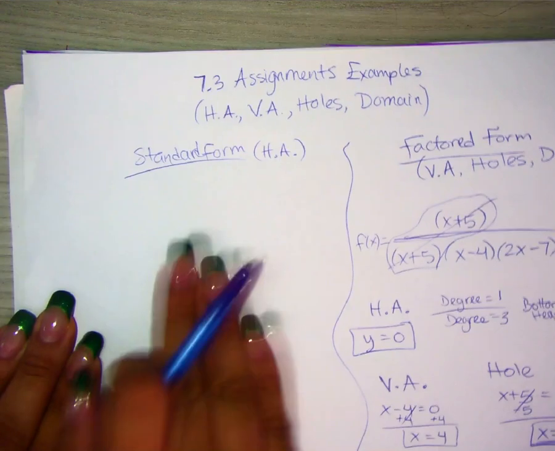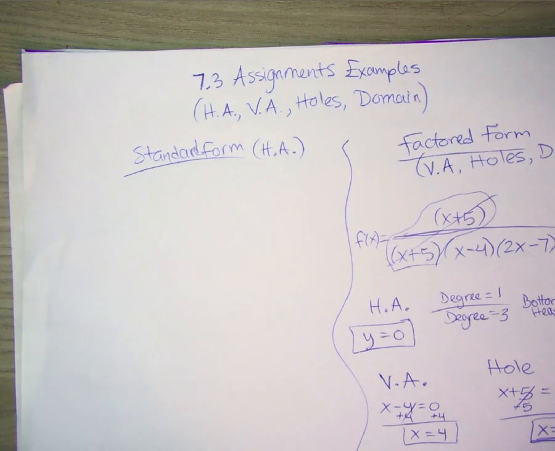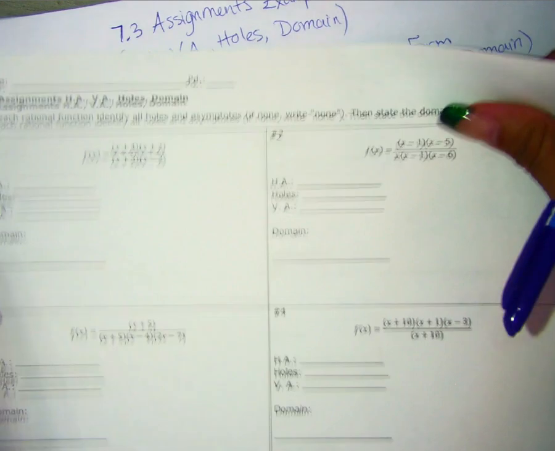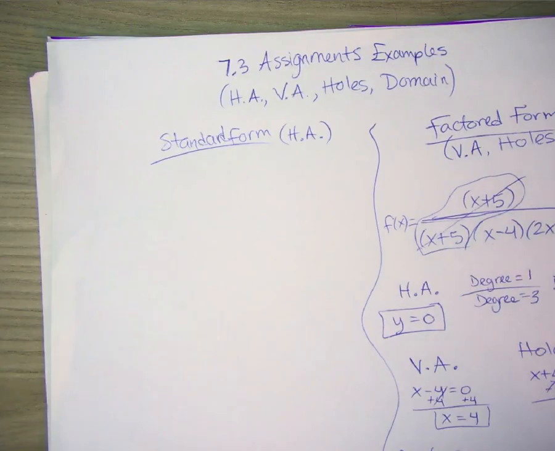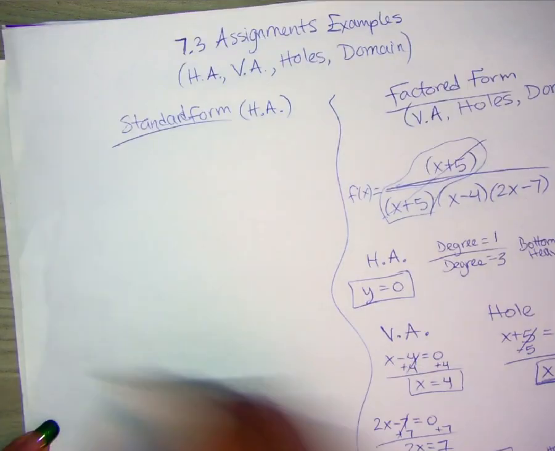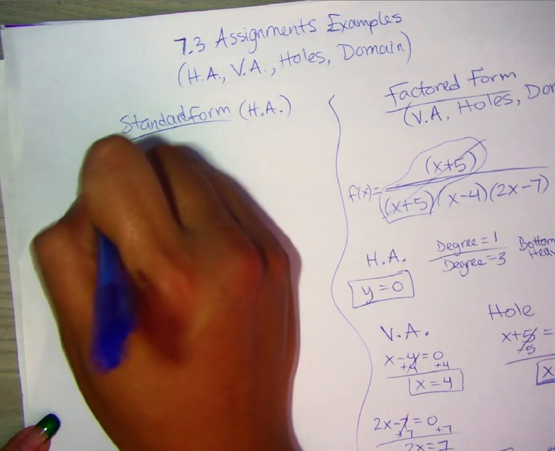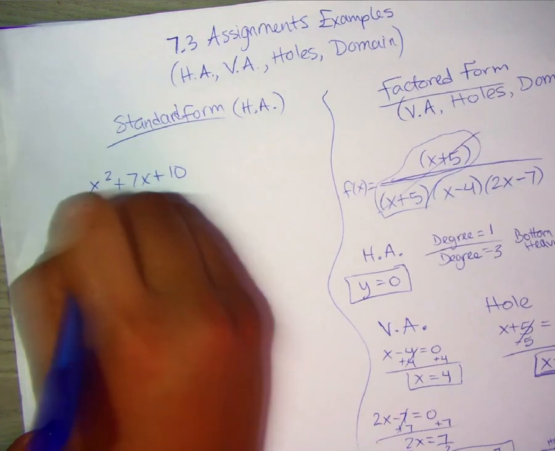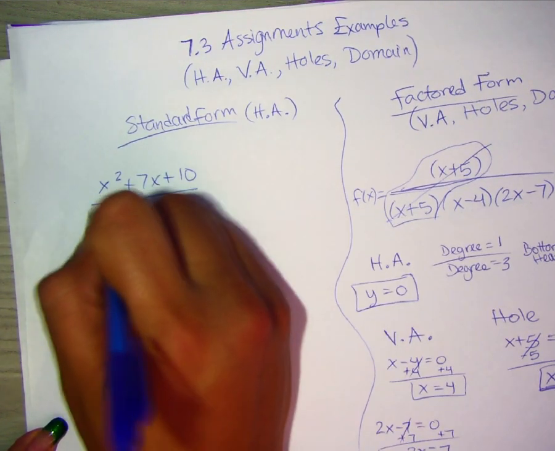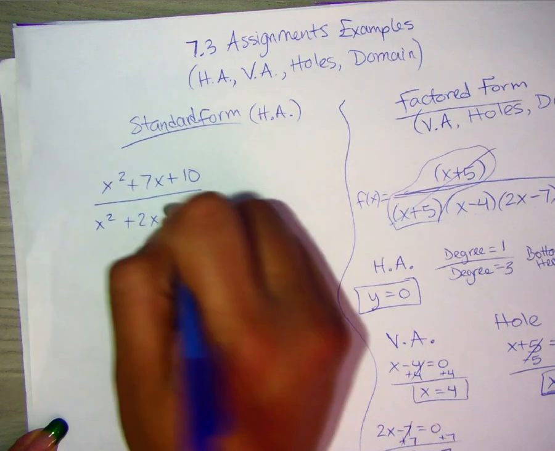All right, so similar to all this, we're going to go ahead and do the standard form example. So this is in the back of the paper. On one side is the factored form, on the other is the unfactored form of the standard. An example for this one would be x squared plus 7x plus 10 over x squared plus 2x minus 15.